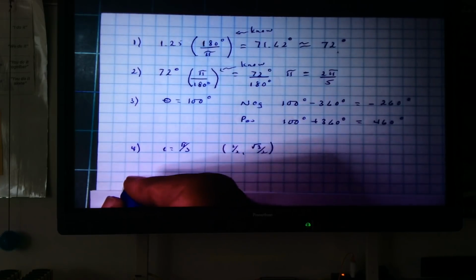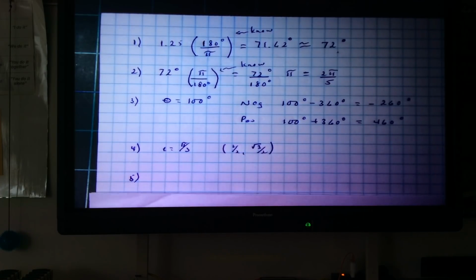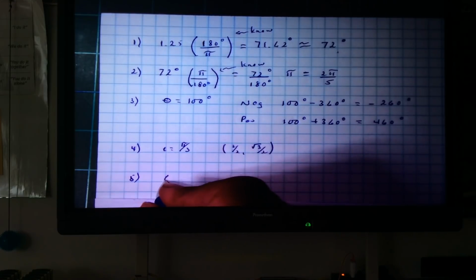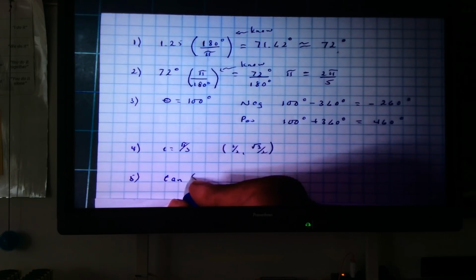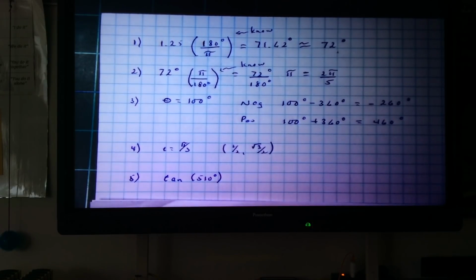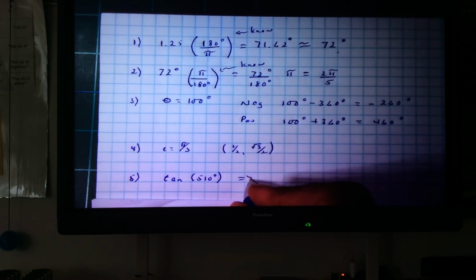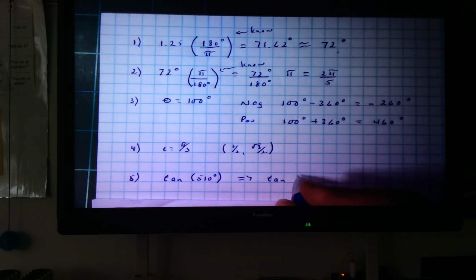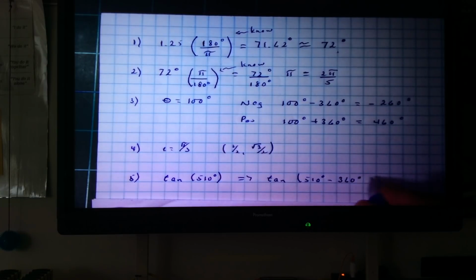Number 5. Find the exact value for the tangent of 510 degrees. Now 510 degrees is bigger than 360, so that's not going to be on my unit circle. I have to find a coterminal angle between 0 and 360. So I'm going to subtract 360 from this, and I'll get the tangent of 510 minus 360 degrees, which is going to be the tangent of 150 degrees.